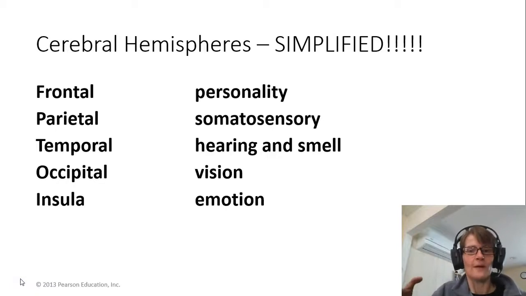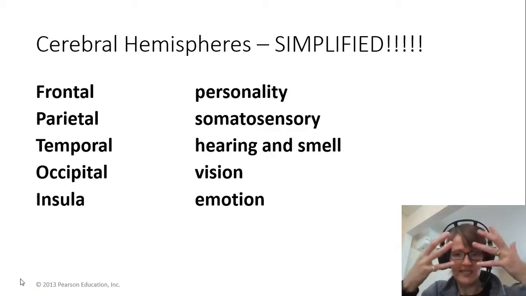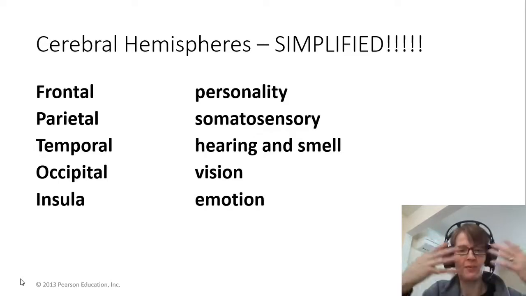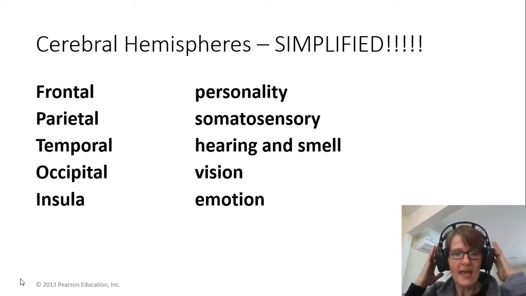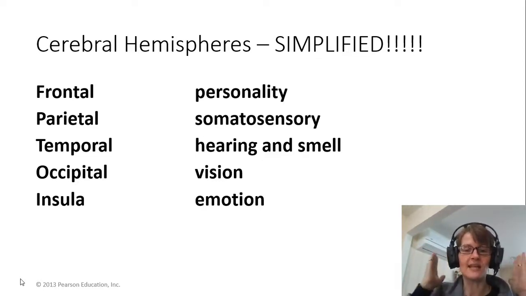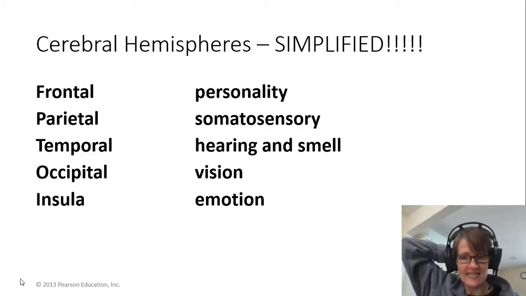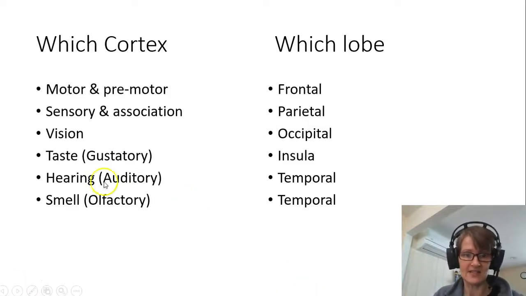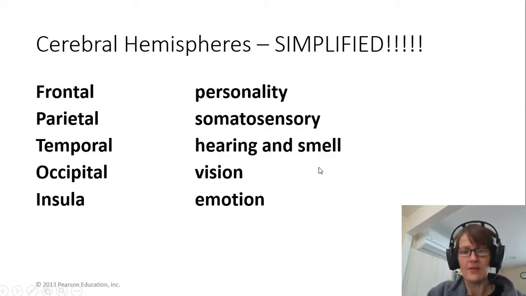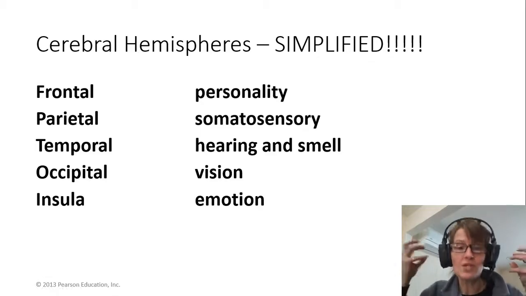Okay, so what did I say about the frontal lobe? I said that was mainly about your personality. Mash the frontal lobe and the personality is changed. In your parietal lobe, you're mainly dealing with somatosensory. Temporal lobe is then hearing and smell. Occipital lobe is vision. And insula, even though I said taste is in the insula on this slide, the main thing that people associate with the insula is actually emotion.